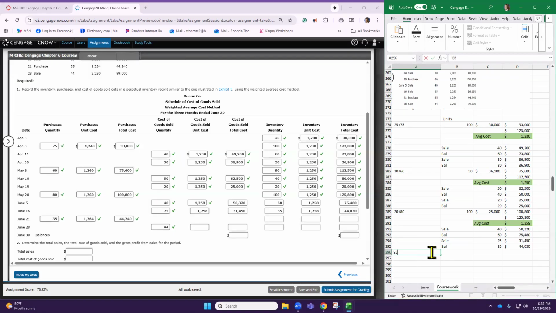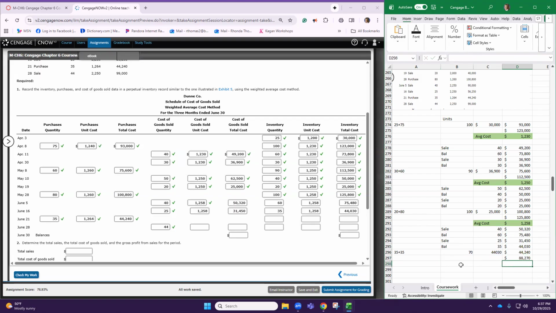We have 35 in inventory plus another 35 we're buying, so that is 70. And then we want to take the total of each, so 4430 plus 44,240, and we're going to get a total of both of these, and then a new average.